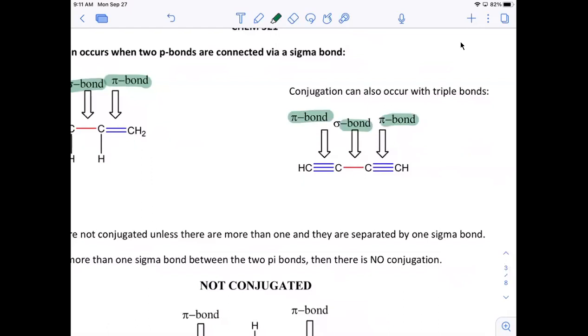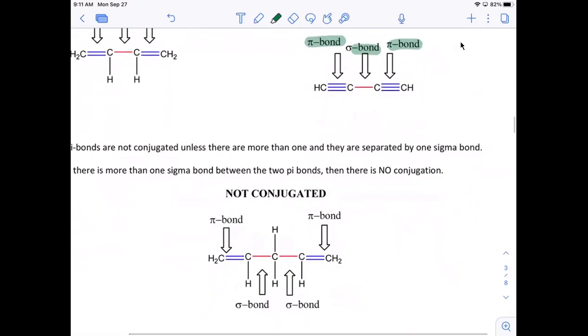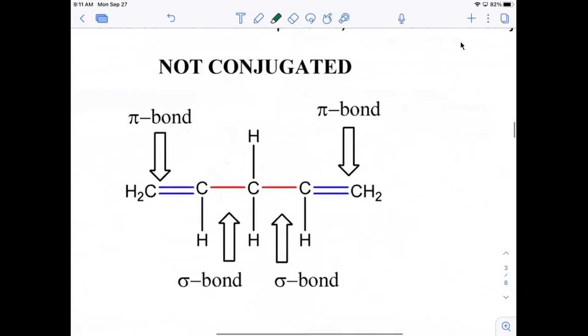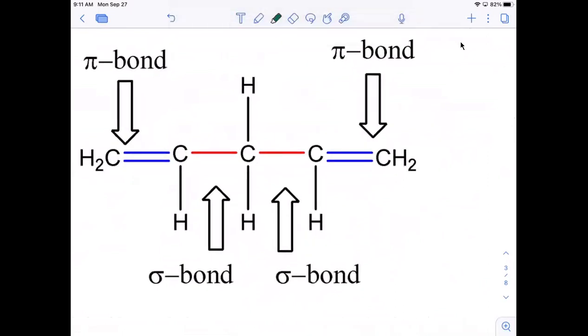All right. If there's more than one bond between the two pi systems, then there's no conjugation, because these two orbitals, the p orbitals right here, can't talk to each other. So there's a p orbital here, there's a p here, but the distance between them is too far.